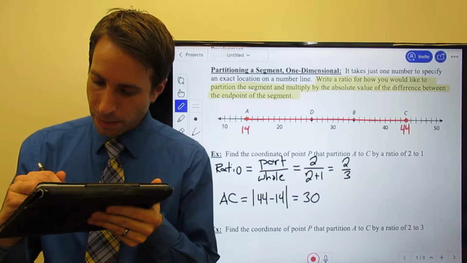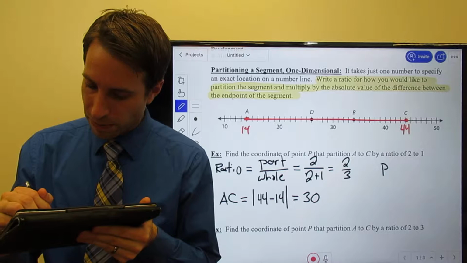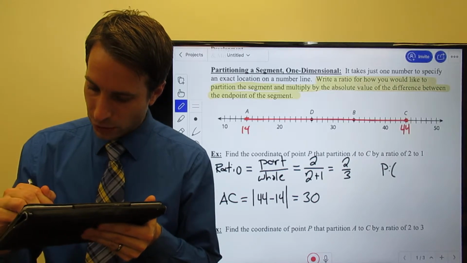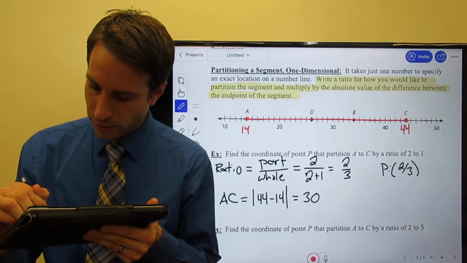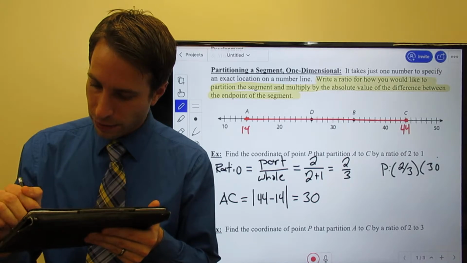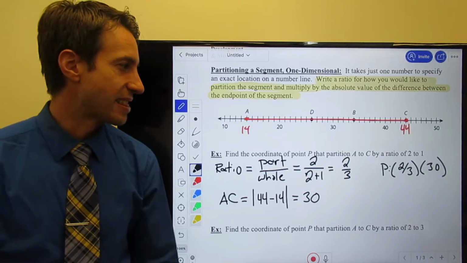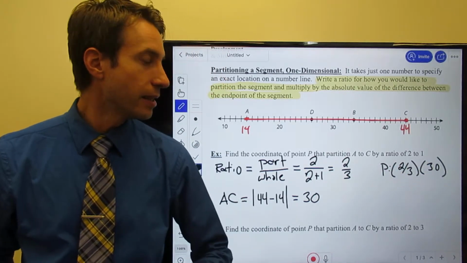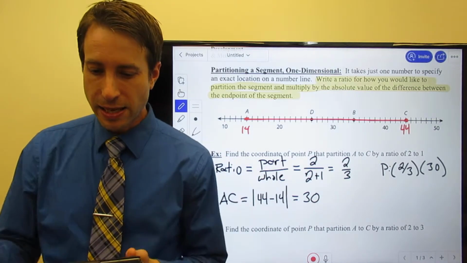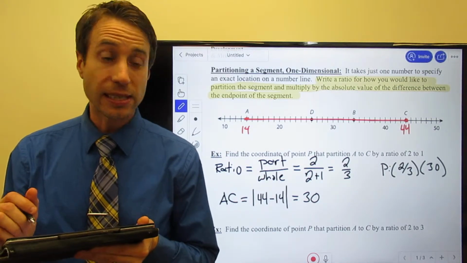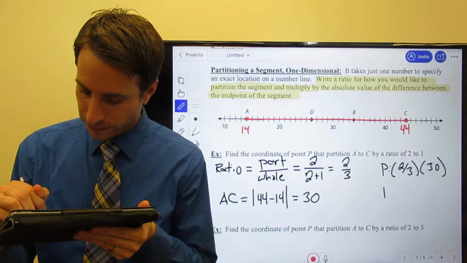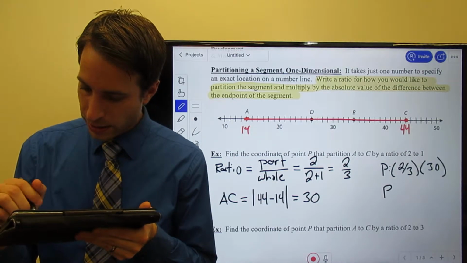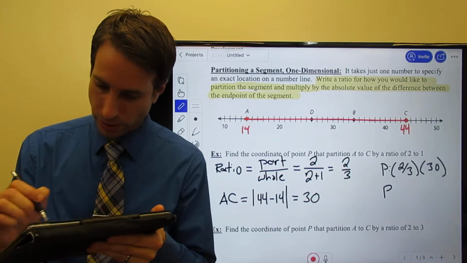So the point P is going to be 2/3 of 30. Well, this isn't that bad. 2 times 30, 60. 60 divided by 3 is 20.